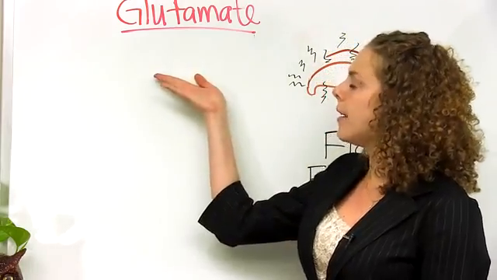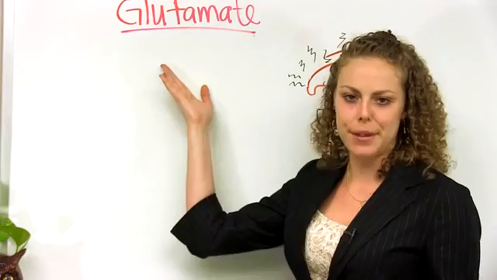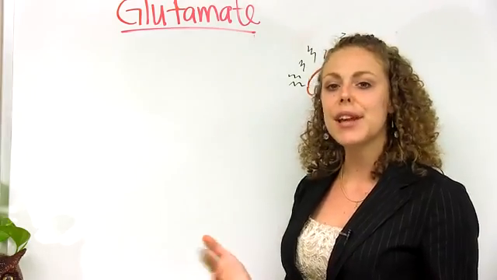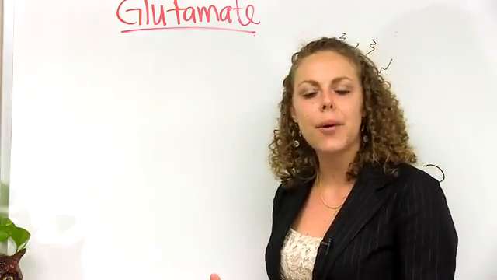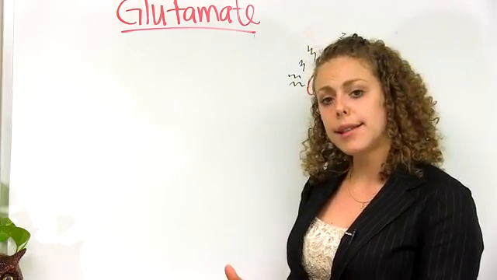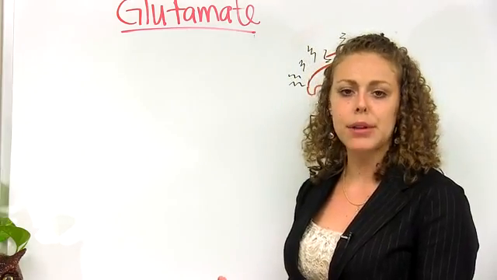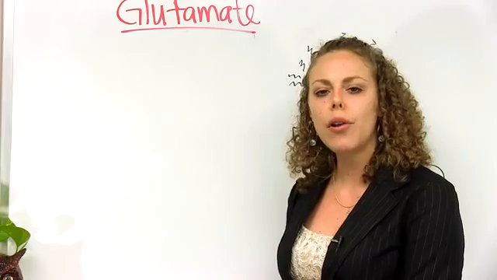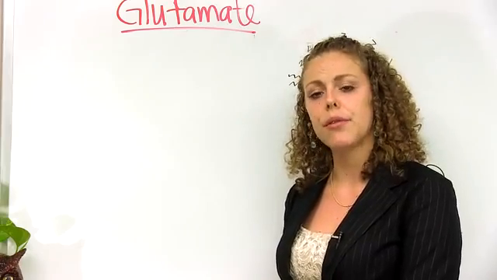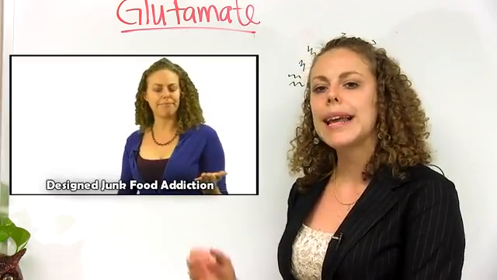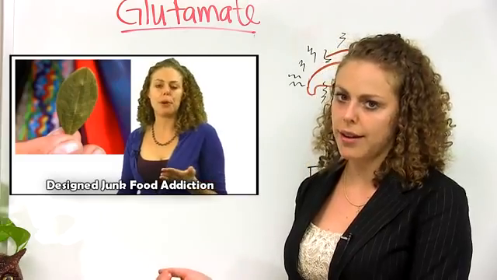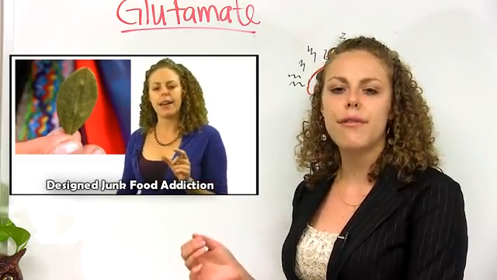Now, glutamate does occur naturally within the body. As I mentioned, it's a neurotransmitter and an amino acid. Because it's a common amino acid and building block of proteins, it also occurs naturally in many different foods. But MSG, on the other hand, is a product of refining.